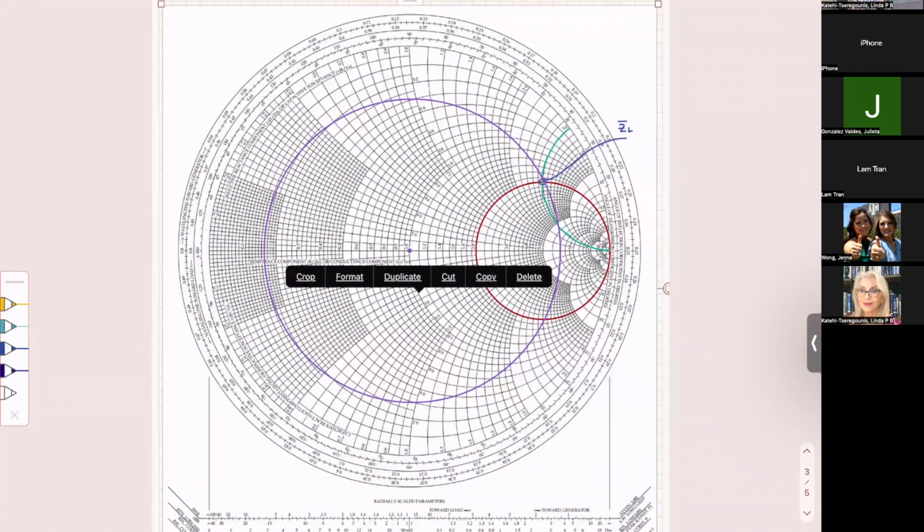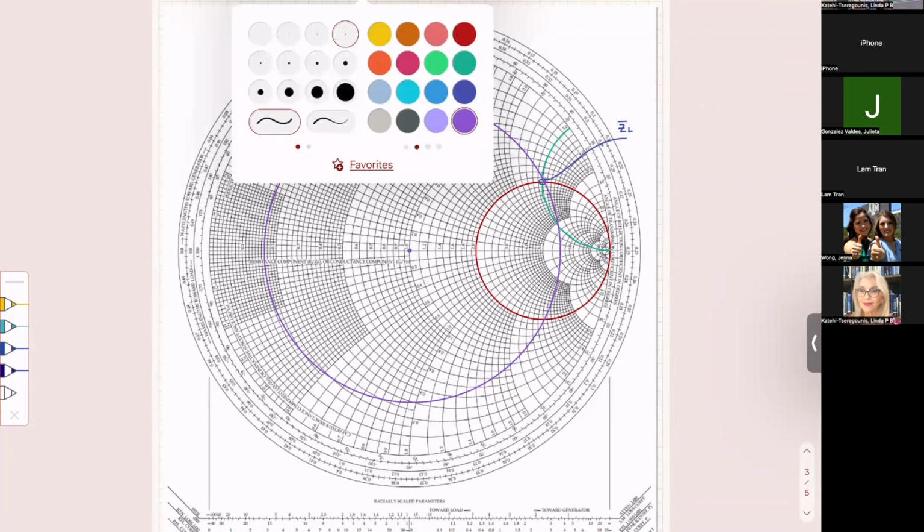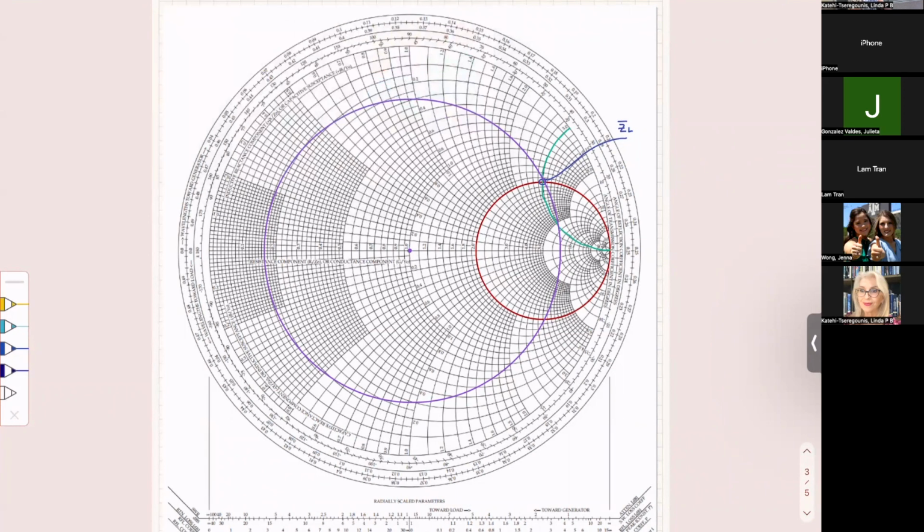So now we draw the line from this point, which is Z_L. We draw a diagonal line, I mean the diameter, I should say, of this purple circle until we find the anti-diametric point, which is down here.